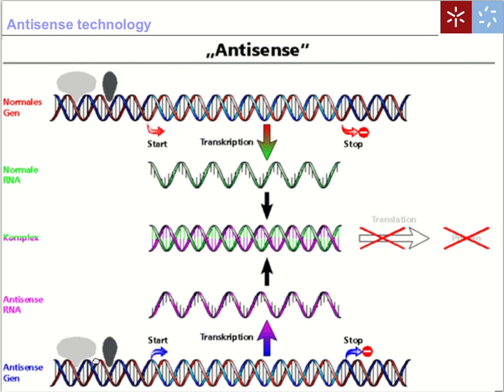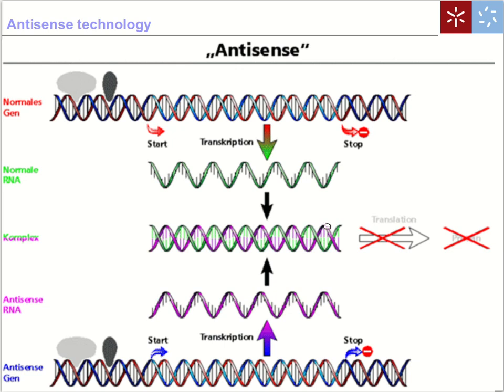But in this case we also have an antisense gene, so it's the opposite gene, in the opposite direction, like in the slide before. We get also an mRNA here. This one cannot encode a protein. Of course it would be clearly an inactive protein, but that's also not the point.